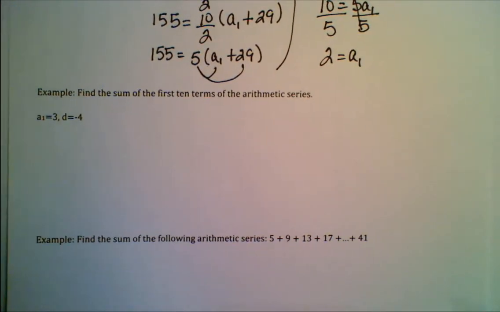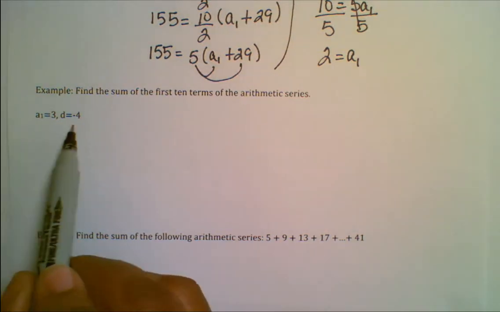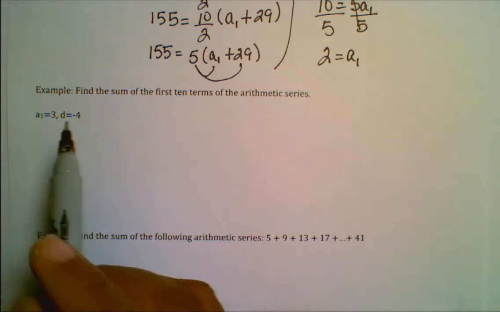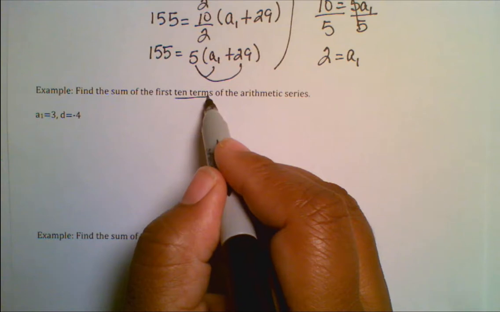Next example, it says find the sum of the first 10 terms of the arithmetic series. So we have a sub 1, which is 3, our first term. d is our common difference, -4. And then it's telling us to find the first 10 terms.